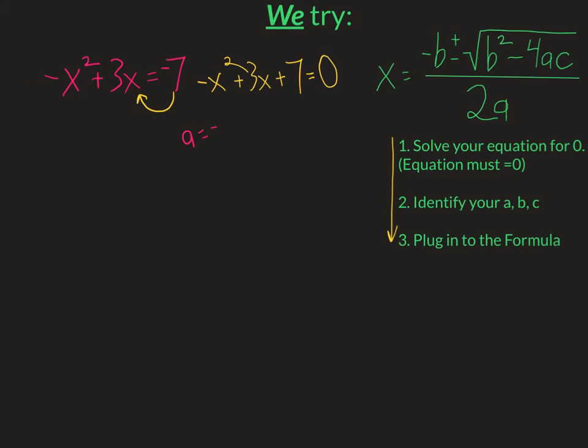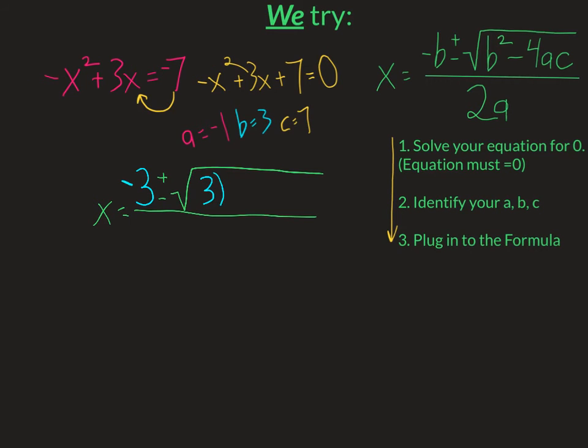A in this case is negative 1. The B is 3. My C is 7. And we just go ahead and plug them in. All right, negative B, so my 3 goes here, but notice it's the opposite or negative of B, so that's a negative 3 out front.